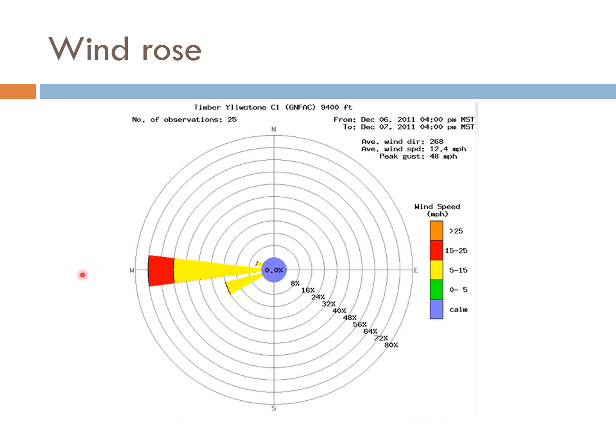It seems to be always blowing from the west. Of course, there are some other times whereby the wind blows from this particular angle, but that is only about 24% of the time, and less than 8% of the time the wind is blowing from this angle. So this is how we read the wind rose, which gives us information about the distribution of the wind speed and the wind direction.